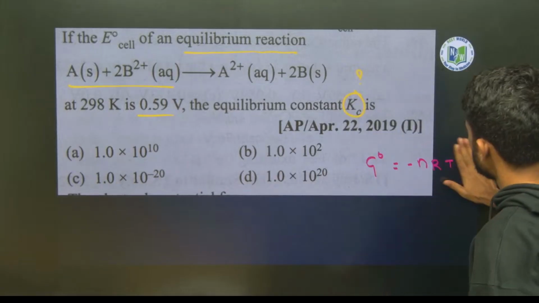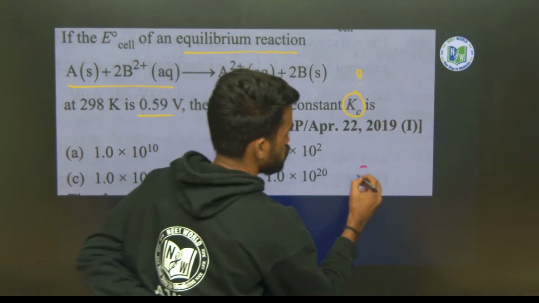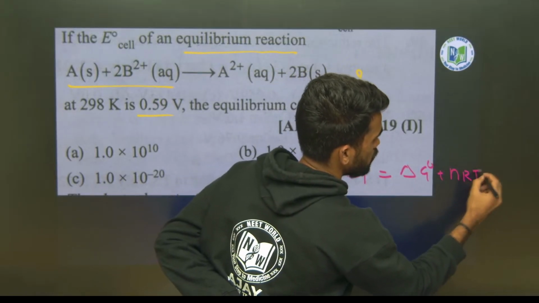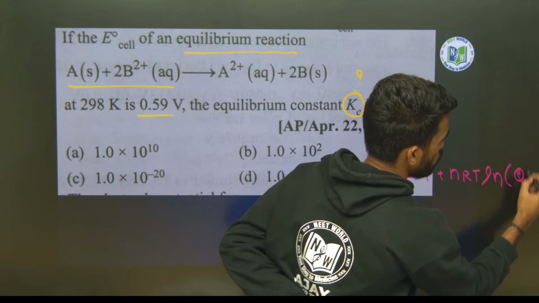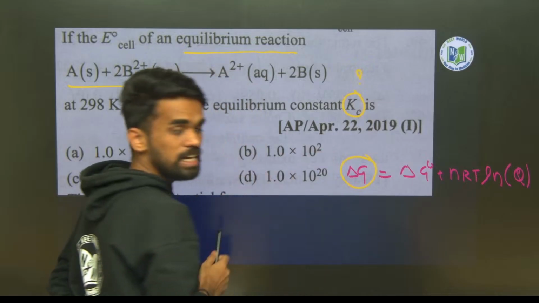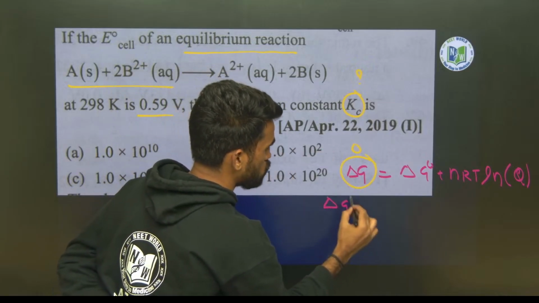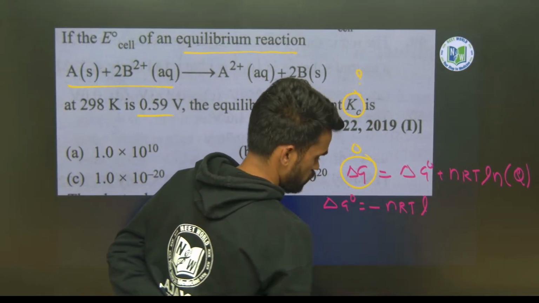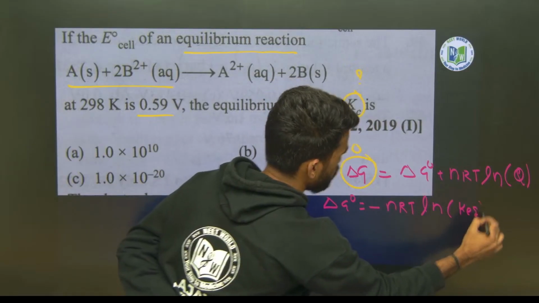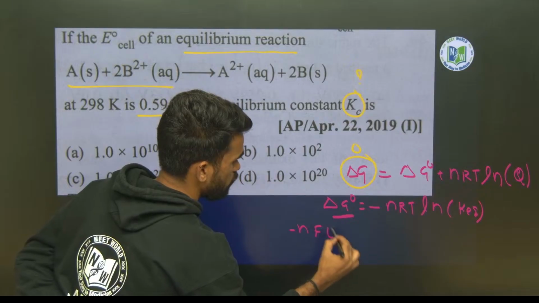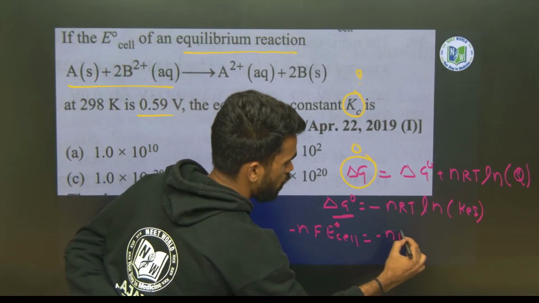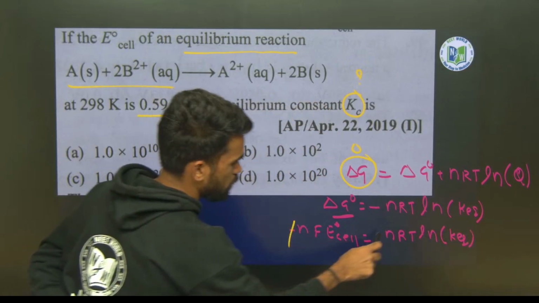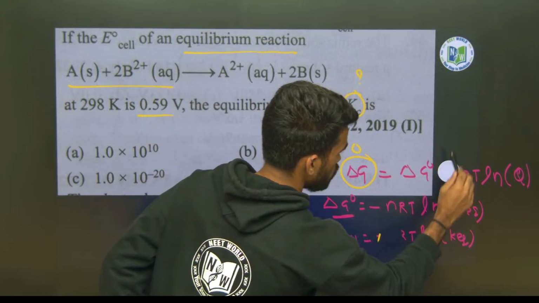I can write delta G equals delta G0 plus RT ln Q. So at equilibrium, delta G will be 0, then delta G0 will be equal to minus RT ln K equilibrium. From this I can write this as minus nF E0 cell, which is equal to minus RT ln K equilibrium. So from this I can remove this.